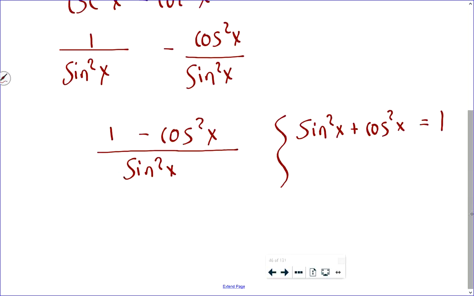That is drilled into your head already, I hope, that if you see sine squared plus cos squared of an angle, x in this case, it will be equal to 1. But if I subtract sine squared from both sides, I have this.